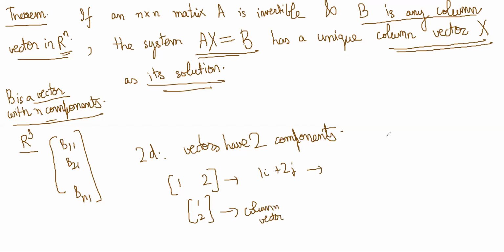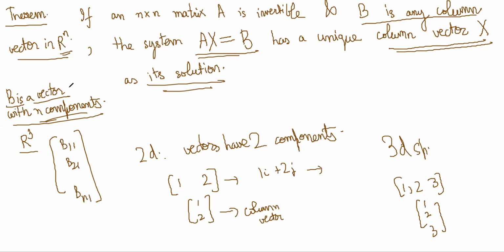In 3D space, you can write it as 1 2 3 as a row or as a column, right? In Rn space, B is a vector with n components, right? You have n dimensional space, suppose. So then vectors will have n components. So we are basically just saying a column vector with n parts, right?